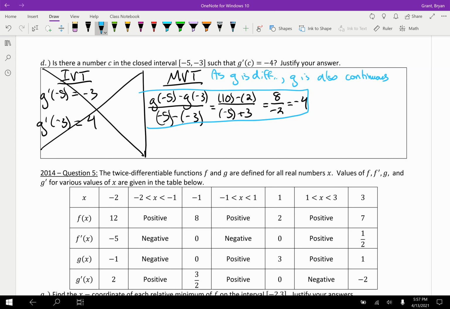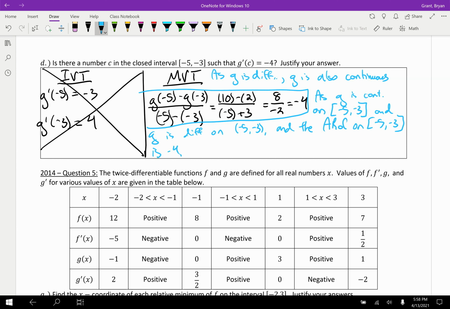Okay, so here we go. As G is continuous on the closed interval -5 to -3, and G is differentiable on the open interval, and the average rate of change on -5 to -3 is -4, then the MVT guarantees the rest of this, right?